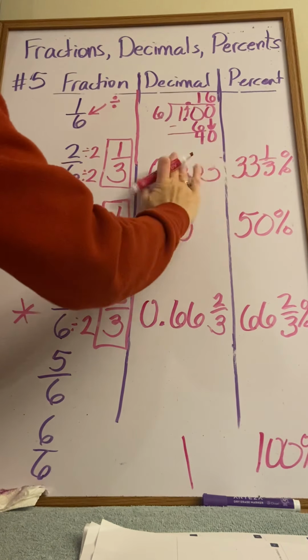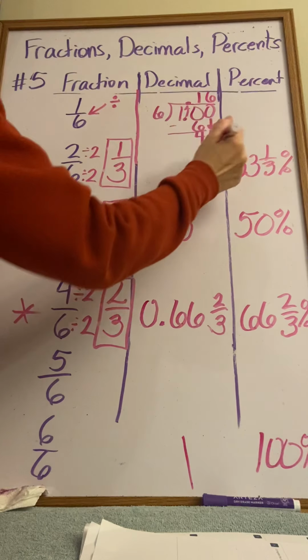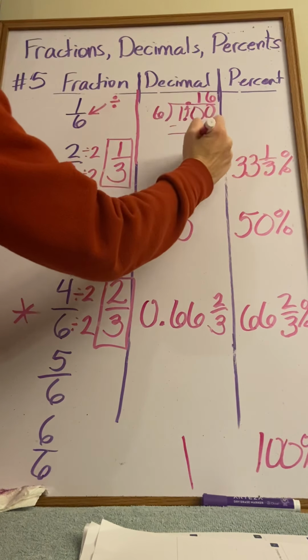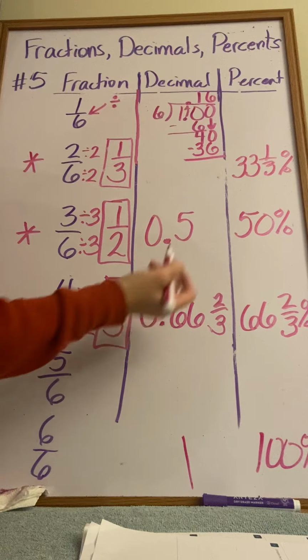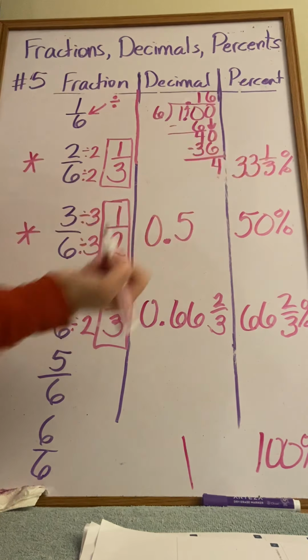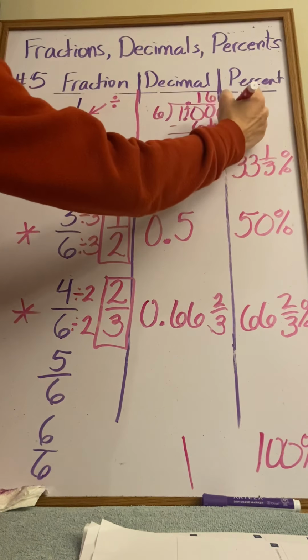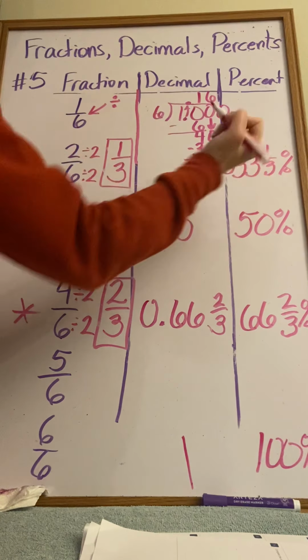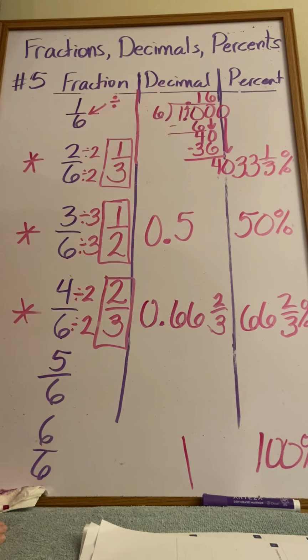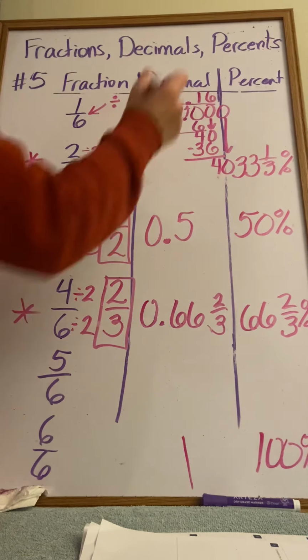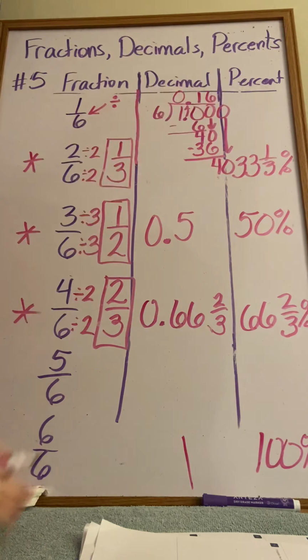Let me erase this just for a minute. I'll put it back in a minute. 36. Subtract and I get another 4. Do you see the repeating part? Okay, that's going to keep repeating. That's going to be, let's put a 0 right there, 0.1666666. It's just going to keep repeating.